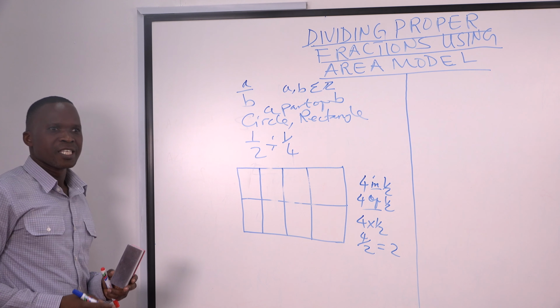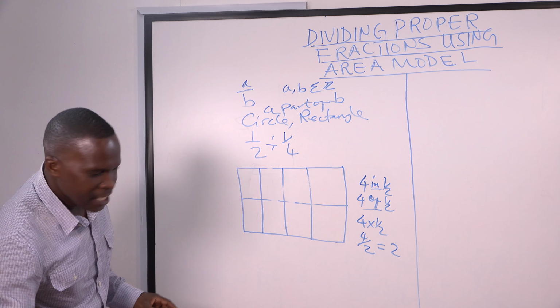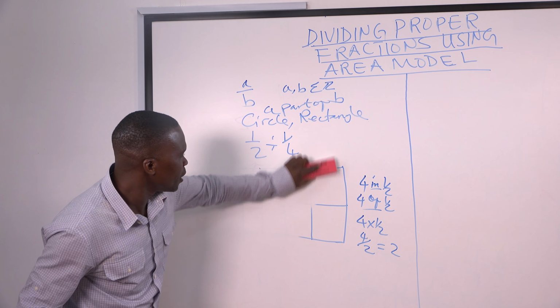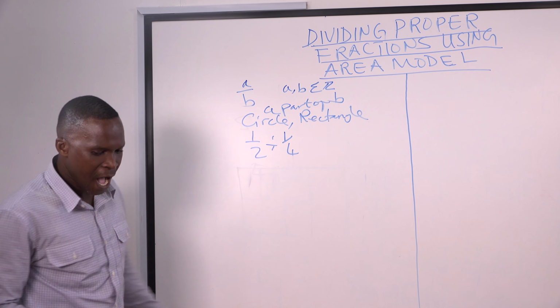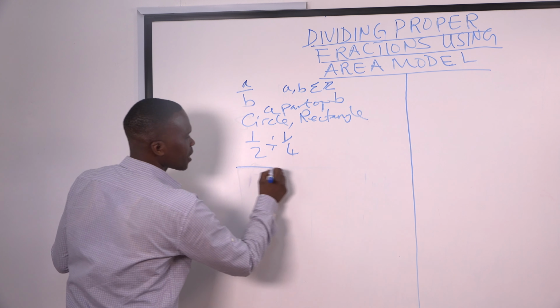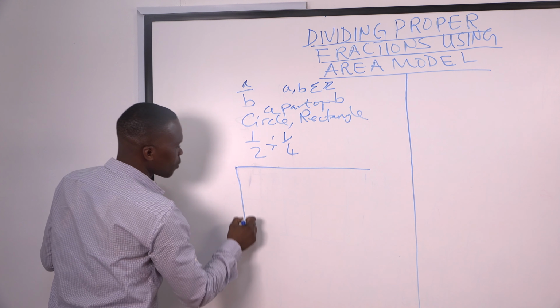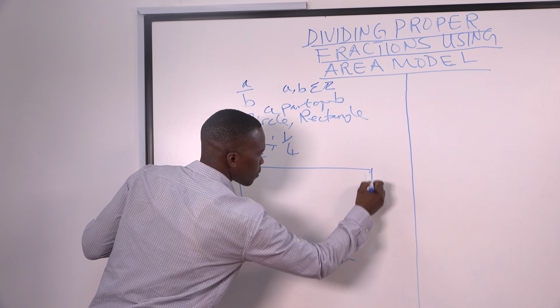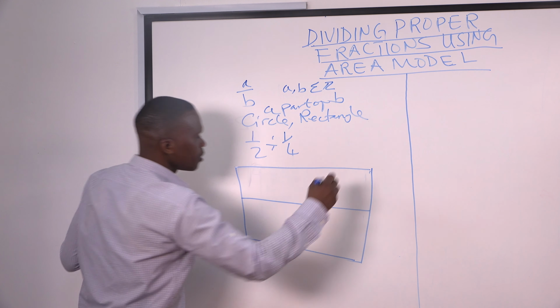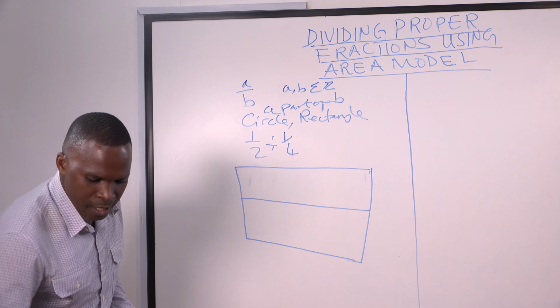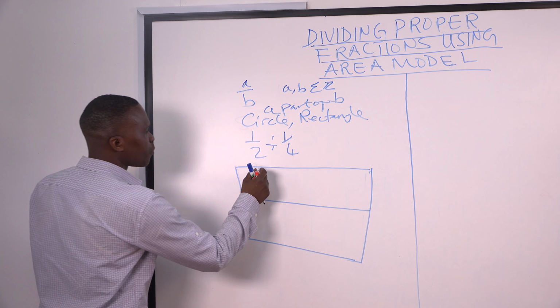That is the meaning. But in reality, when we need to see it, it means that after drawing a rectangle, and after dividing it into 2 equal parts, then we divide it into 4 parts.